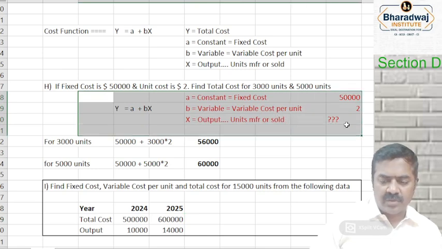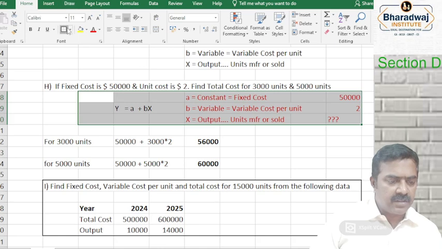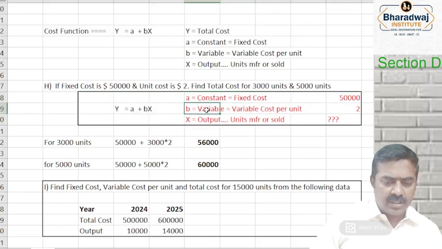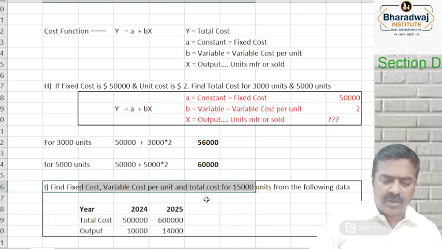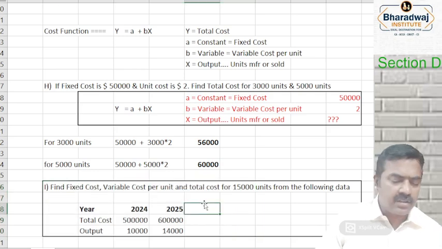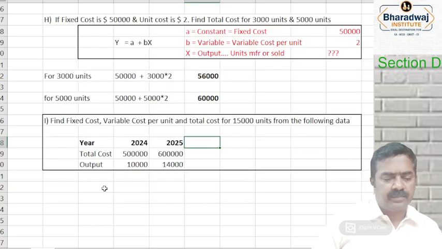Any doubt in the cost function? Y is equal to a plus bx. Fixed cost plus variable cost into number of units sold will give us total cost.